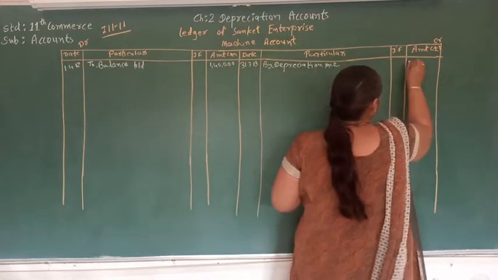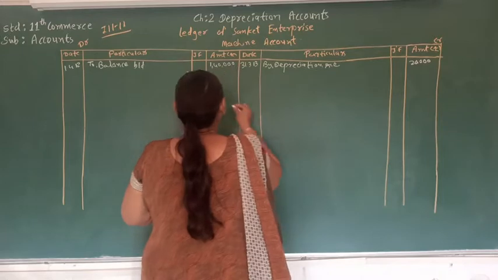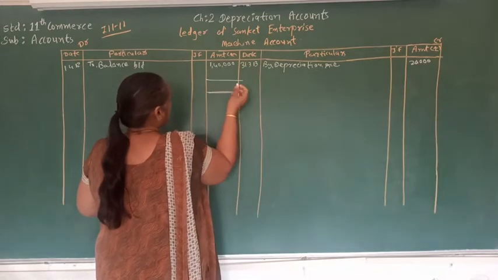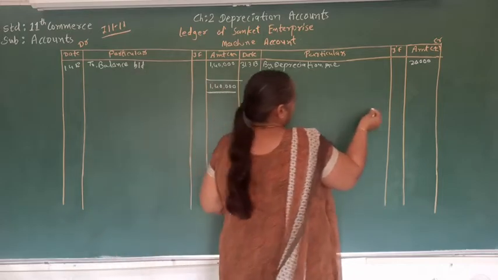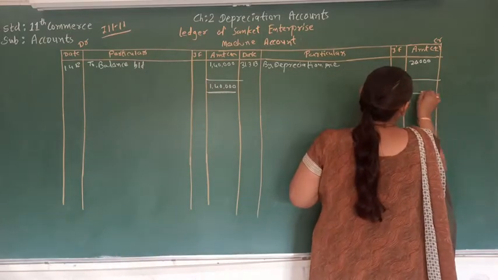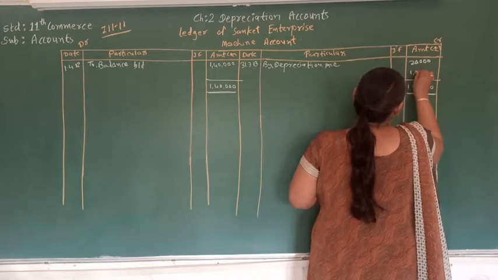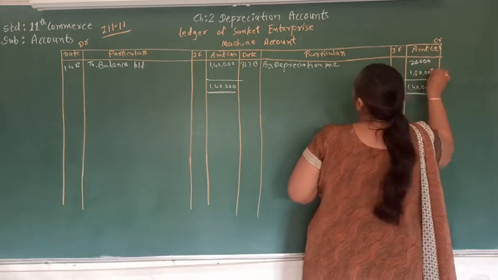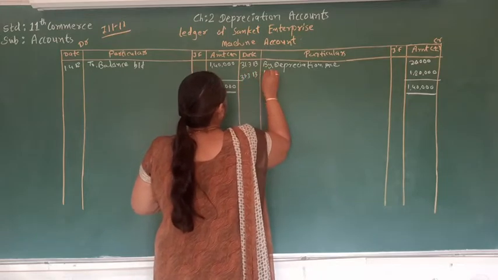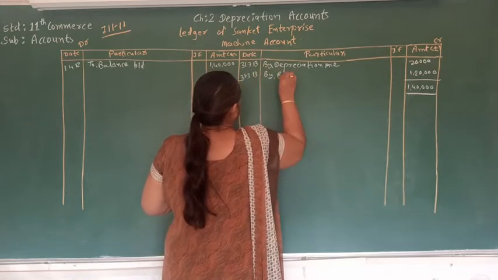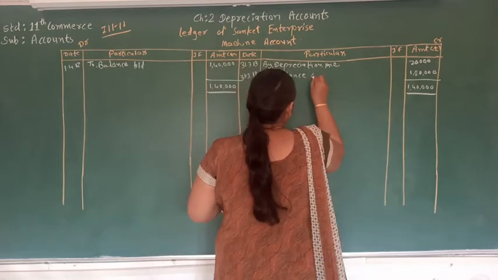Here the first year is going to finish, so we have to close the machine account. If we deduct 20,000 from 1,40,000, the balance of the machine account will be 1,20,000. That will be on 31/3/13 by balance carried down.